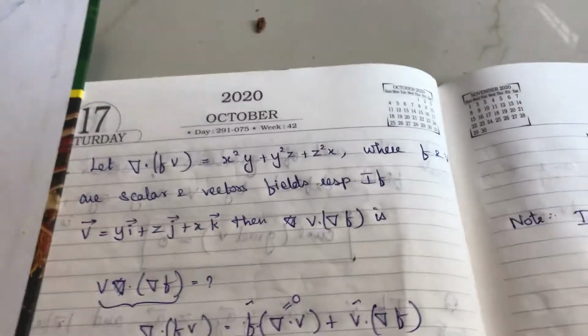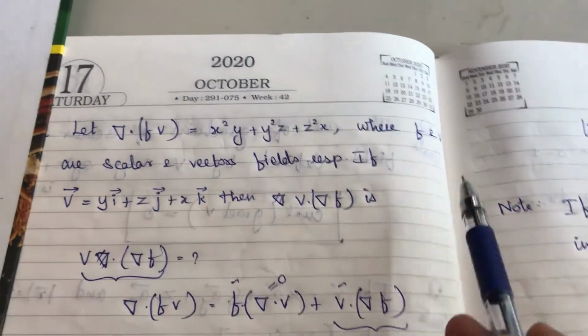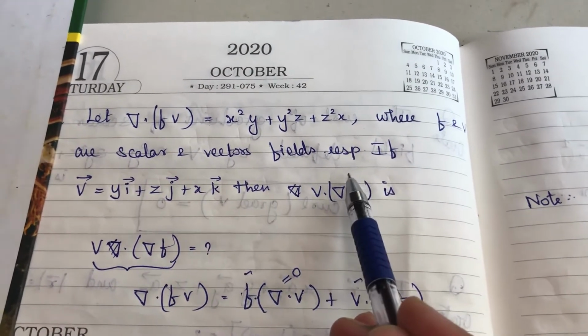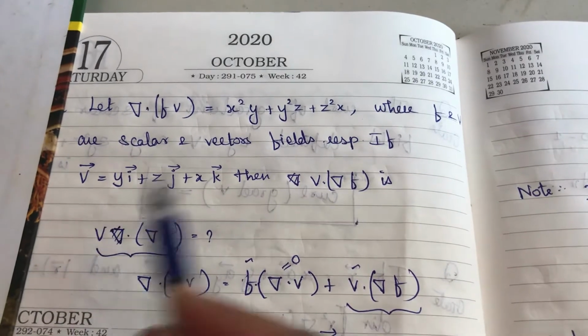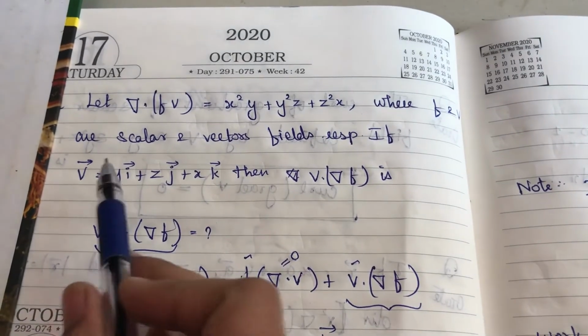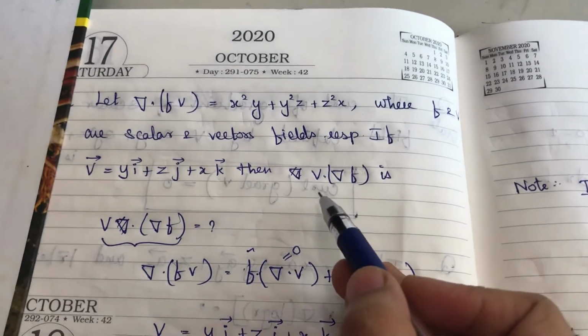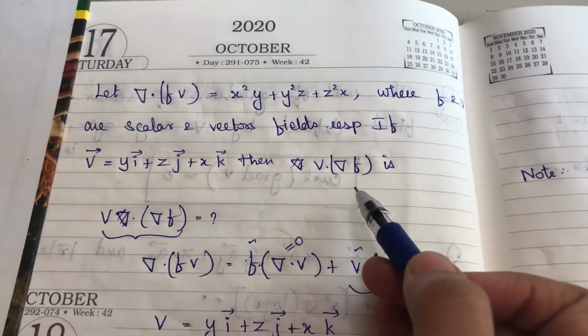As I told you, these two are different, right? So f is a scalar and v is a vector field respectively. If v vector, they have given one vector, then we need to find v dot del f.